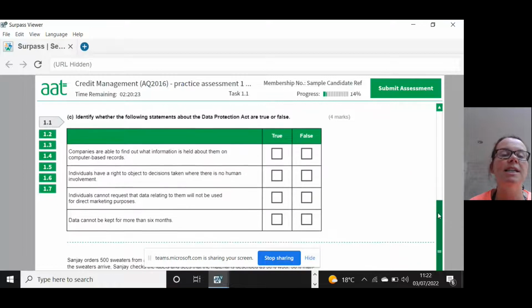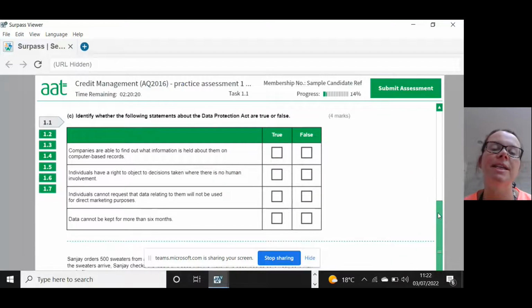Part C, identify whether the following statements about the Data Protection Act are true or false. So we know that we've got the 8 principles for the Data Protection Act. So just to recap, data must be held for a specific purpose for only the required amount of time.